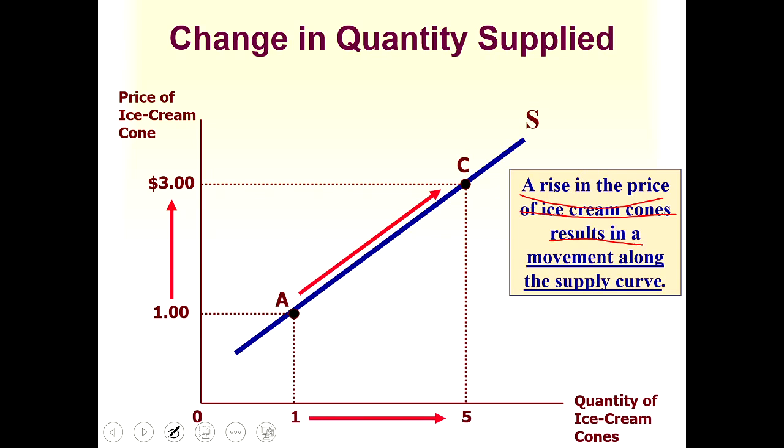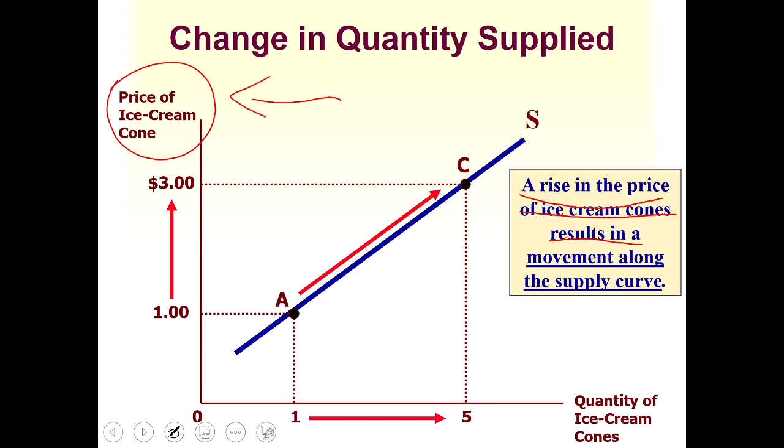So when the price level increases from 1 to 3, the price is on the y-axis, and the variable that is changing is a variable you can see on the graph, that is price, right? Whenever you can see the variable on the graph and that variable is changing, at that point we are talking about change in quantity supplied.